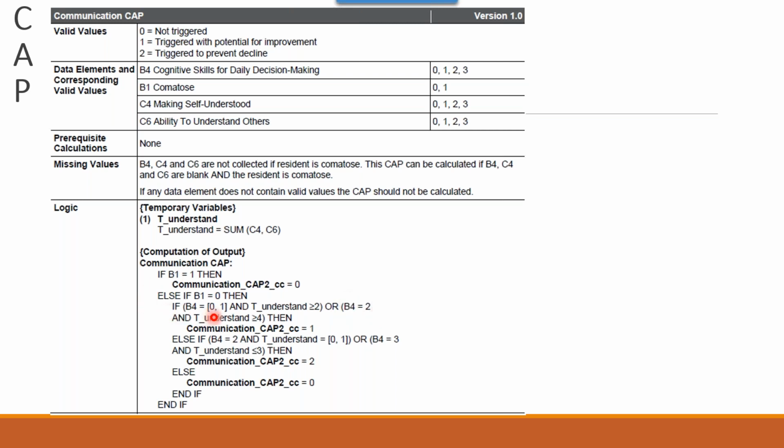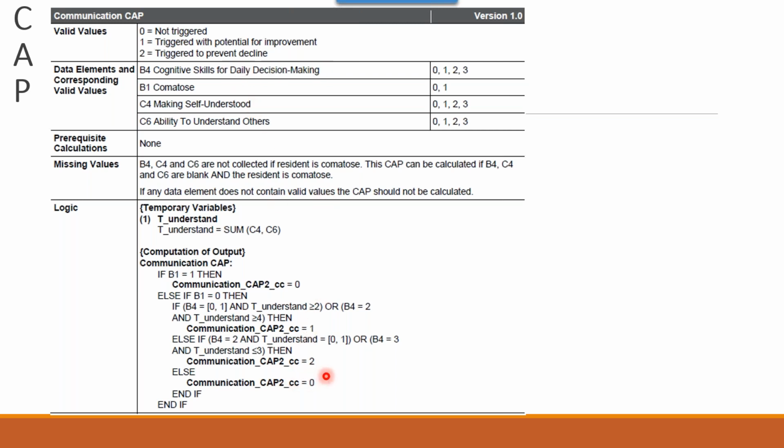Okay, and now you can see this one is an AND. You have to be fairly able for decision making, but you have problems understanding. That will trigger those 2 conditions. Or decision making is moderately a problem, but understanding is a much greater problem. Then you're going to be a 1, which means potential for improvement there.